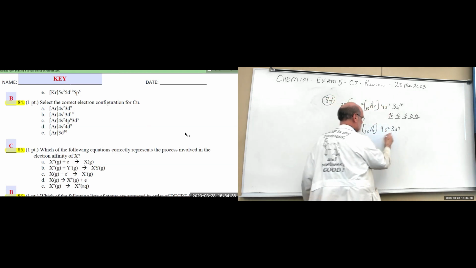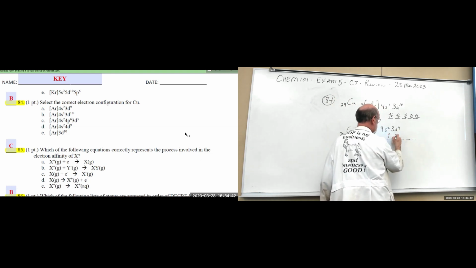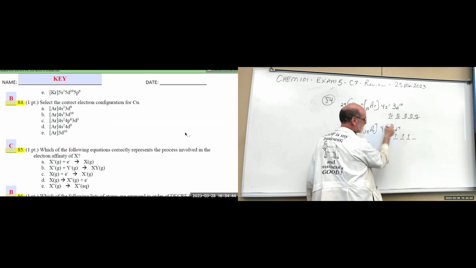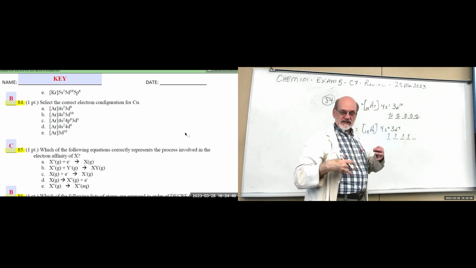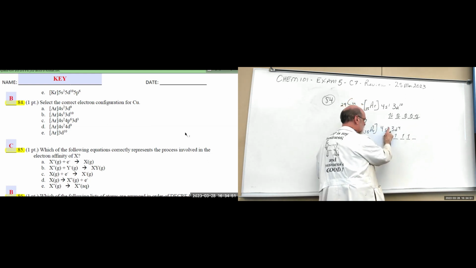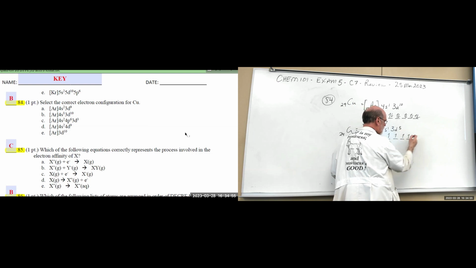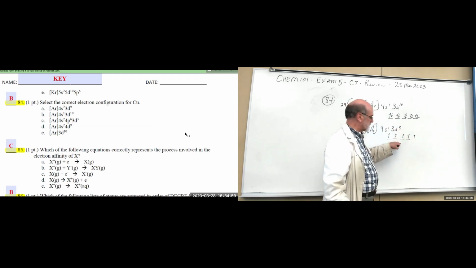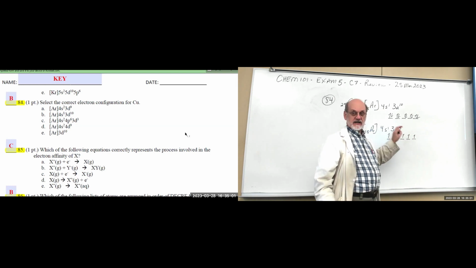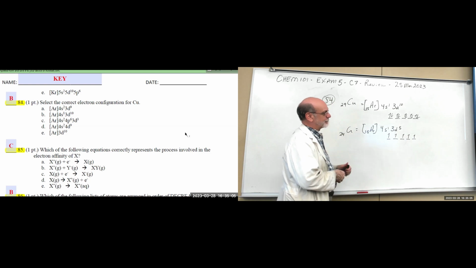But similar to this one, 1, 2, 3, 4, 5, 1, 2, 3, 4 for that D. It's a more stable energy state to take one of these and put it over here. And a half-filled orbital with the sublevels like this is more stable.